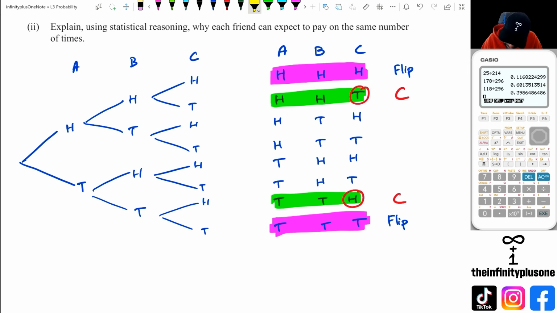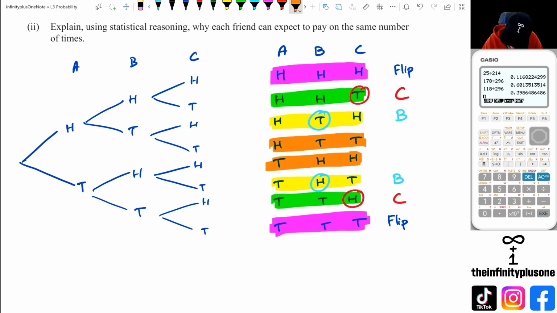For person B, it's going to be heads, tails, heads, or tails, heads, tails. So in this one, person B is the odd one out. And finally, you get heads, tails, tails, or tails, heads, heads. And in this one, we have person A as the odd one out. So as you can see here, there are 8 possible outcomes, and everybody has an even chance. They have the same outcomes.